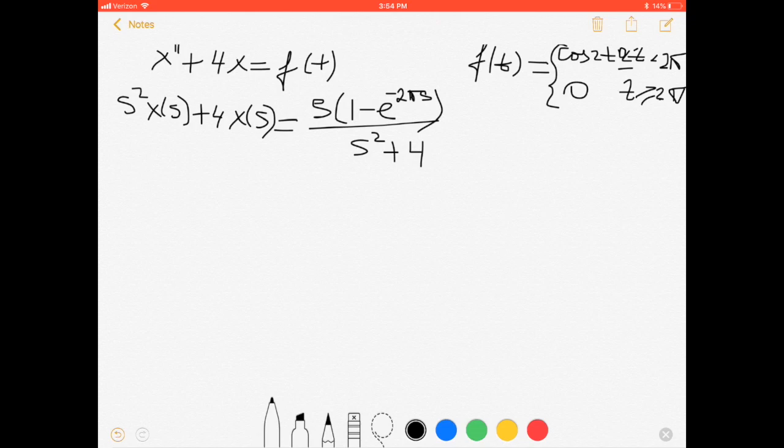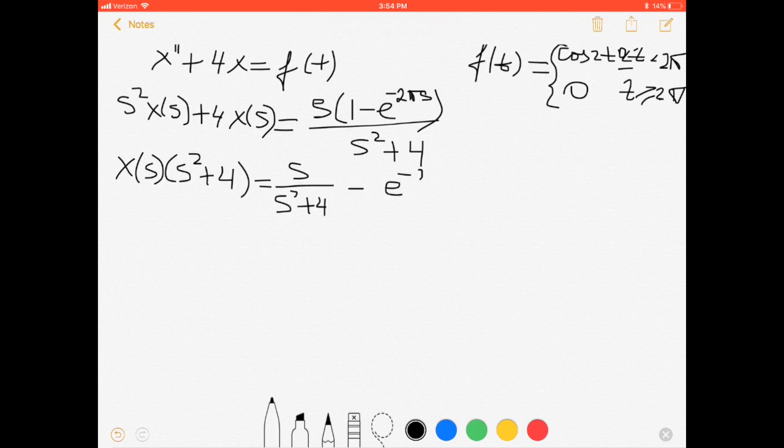Factoring and dividing, we have X(s) times s squared plus 4, and separate a little bit.